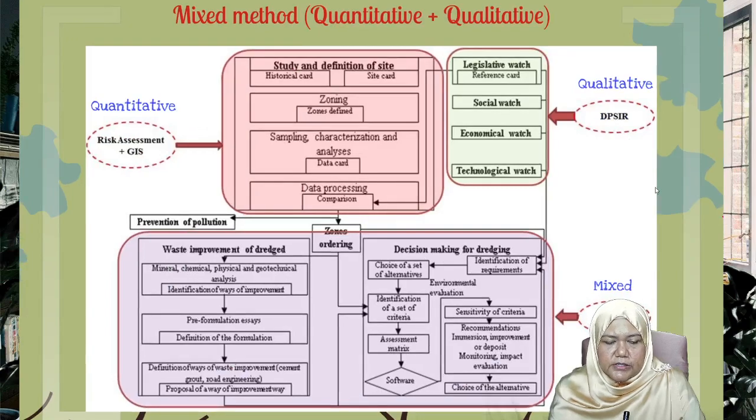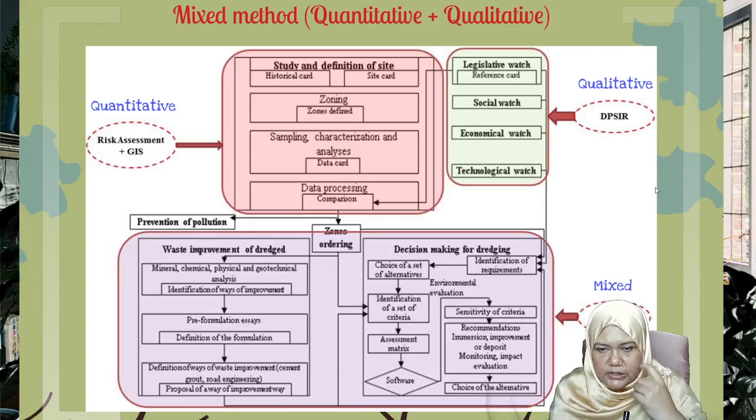So that is one way of representing quantitative data. Like I just mentioned, I've used the mixed method for my PhD, which combines quantitative and qualitative. How did I combine this? Through this framework, which has three colors: green, peach, and purple. For my PhD, I did DPSIR, which deals with qualitative, covering the legislative, social, economical, and technological watch. Watch is the same as observation.